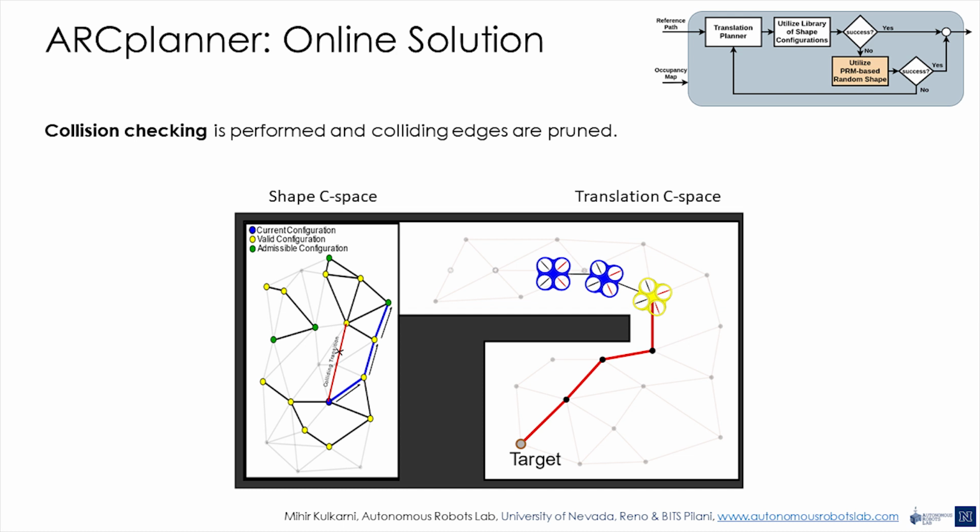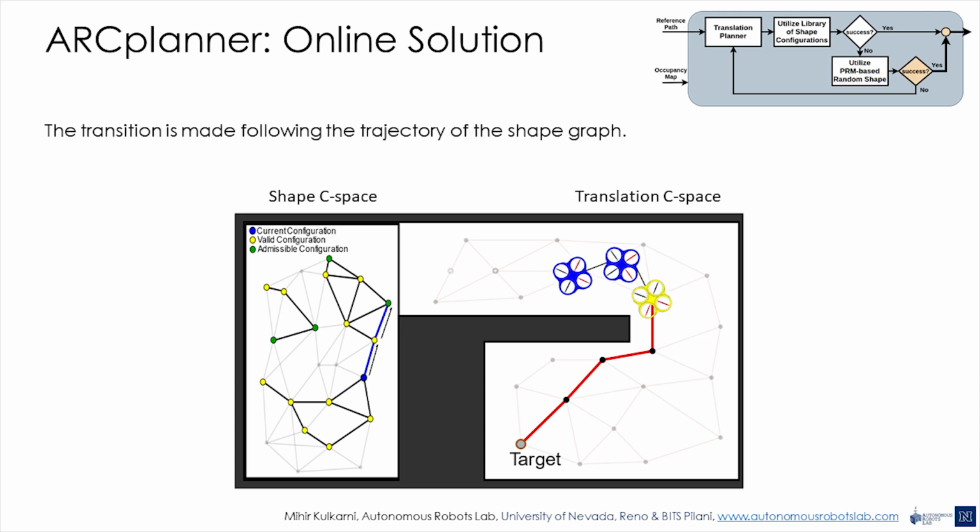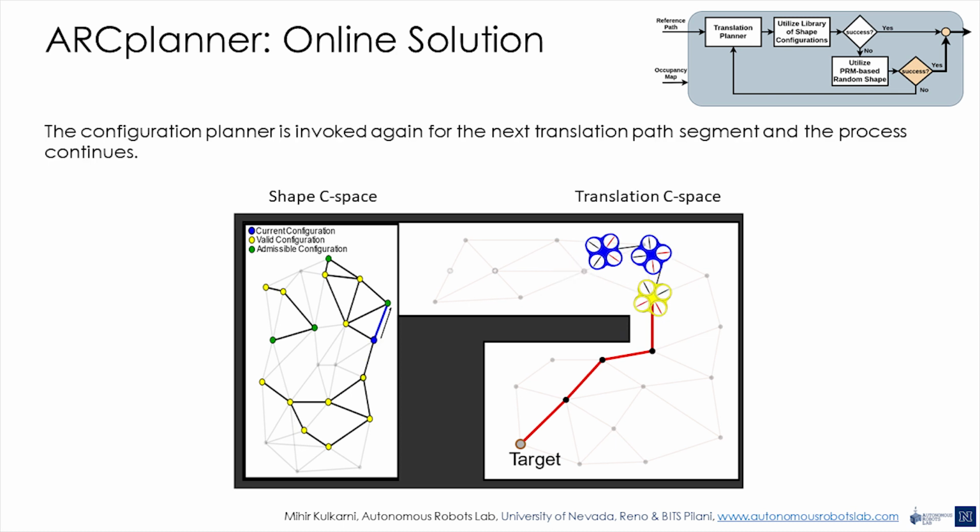The colliding edges are pruned and the transition path is recalculated. This process is repeated until a collision-free shape transition is found. The planner adds the shape transition to the planned trajectory. Then the configuration planner plans for the shape for the next path segment, and the process continues.